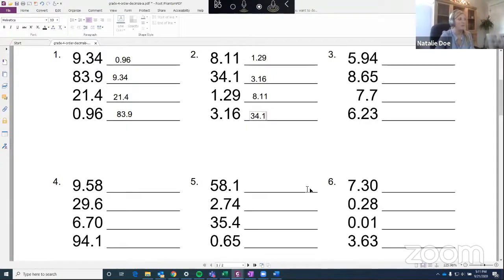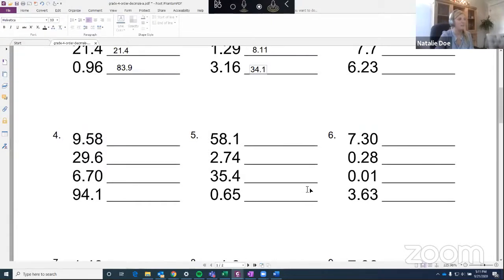All right. Now let's make this a little bit more complicated. Let's do number 6 down here. Before I said let's look at the ones in the tens place because those matter most when we're talking about which ones are the biggest. But what happens when you have two numbers that are the same? In question number 6, the ones are both 0. So that's when we start to go look at the decimal places.